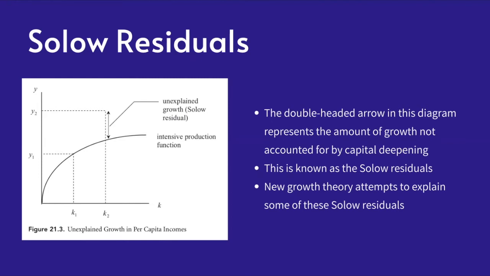The double-headed arrow in this diagram represents the amount of growth not accounted for by capital deepening, or in other words, the unexplained growth. This is known as the Solow residual.